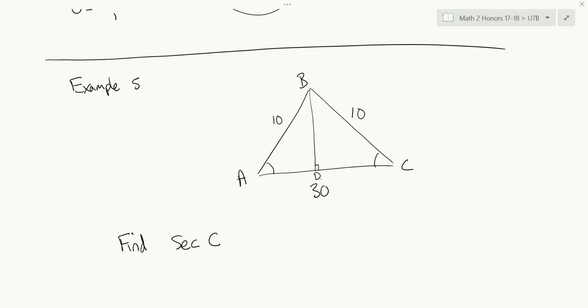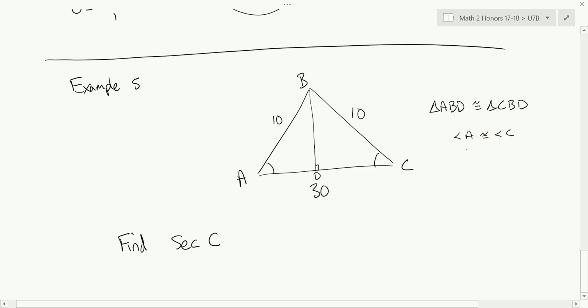So can anybody argue that the left triangle is congruent to the right triangle? If so, why would they be congruent? So triangle ABD, you're saying, is congruent to triangle CBD. We have angle A is congruent to angle C. What else do we have?